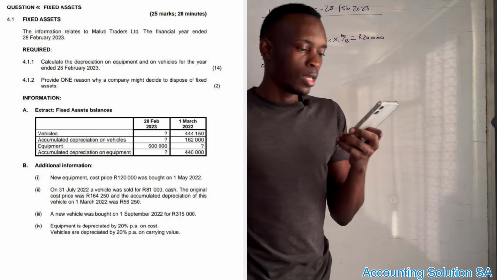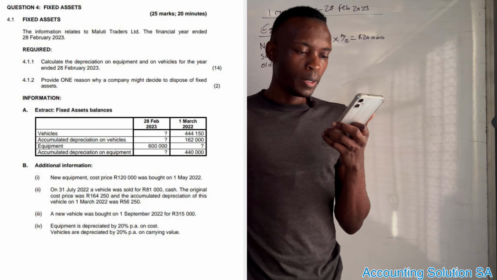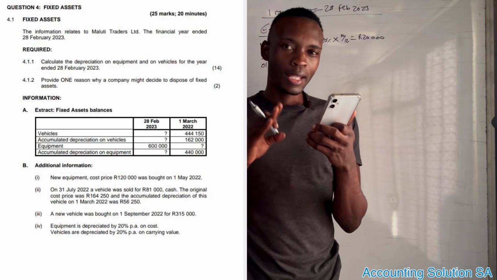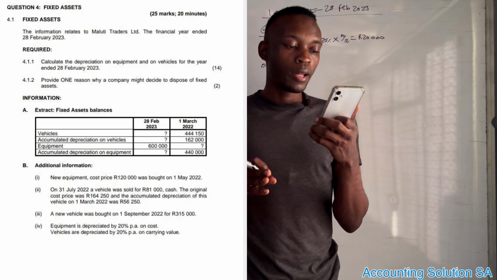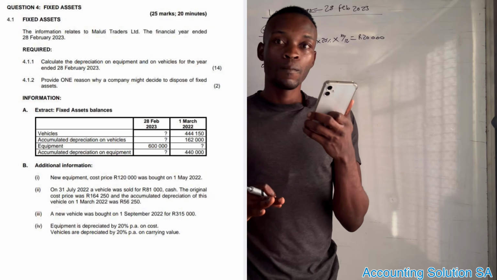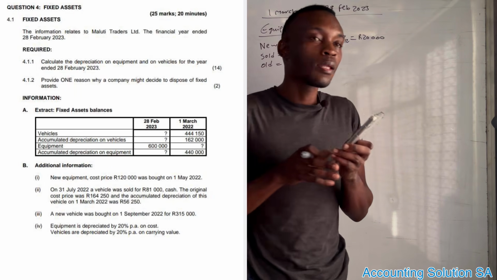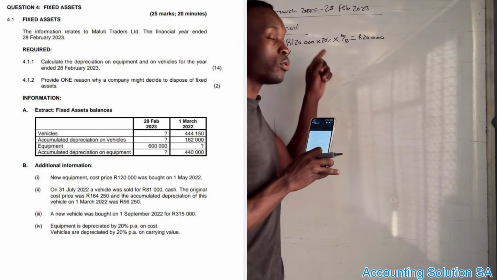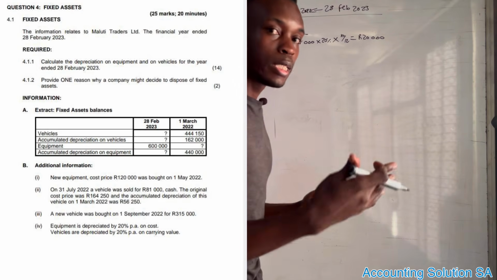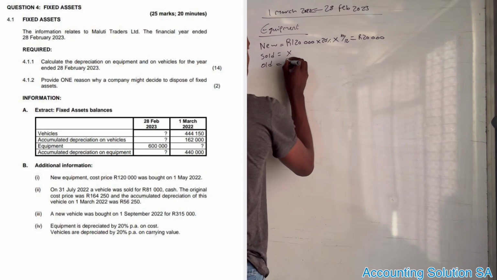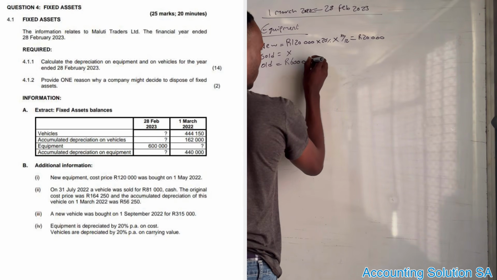If you check equipment, they give us the balance at the end under information number A. At the beginning, they didn't give us. At the end, remember it has also included the new one. Okay, because it's the end, right? 600,000.